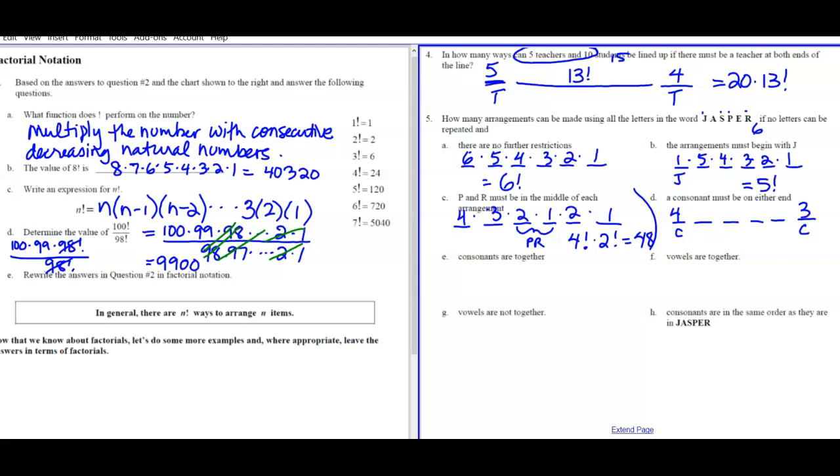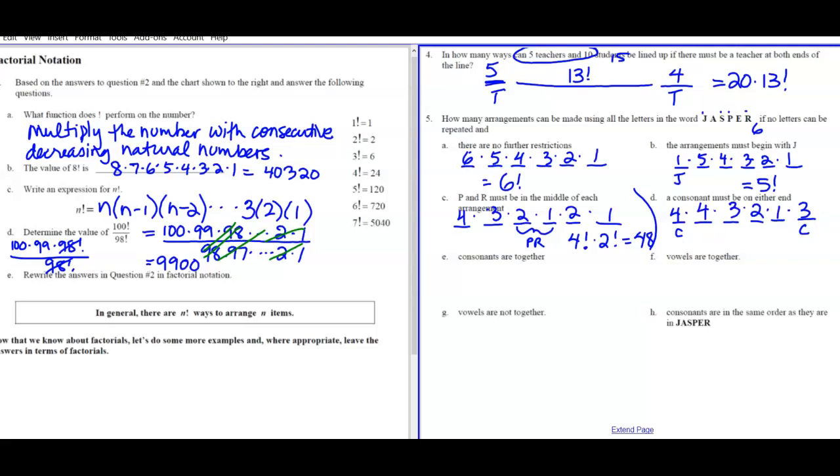Okay? Sometimes we'll have questions where it says exactly 1 consonant. That means you can't have a consonant there, and that's a little bit different case. We'll get into some other ones later this week. But we've got consonants there, we've used up 2 letters, so then we have 4 left to arrange.